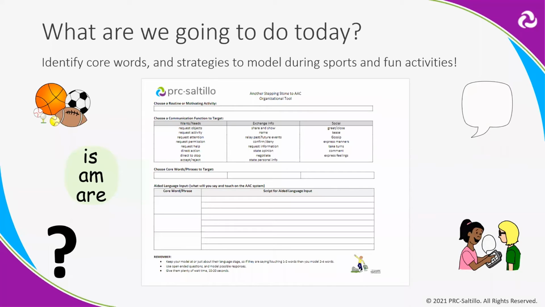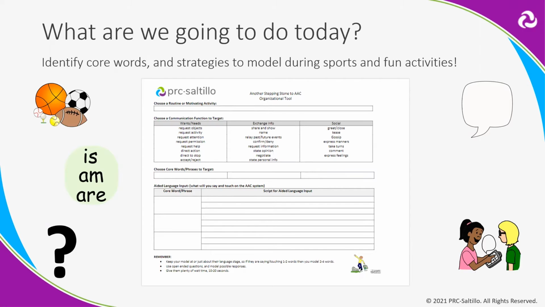All right. So today we are going to identify core words and strategies to model during sports and fun activities. Specifically, I'm going to be highlighting some different ideas that you can use to talk when playing sports with your AAC user, or maybe just even a ball, but these are definitely words that you can use in other settings as well.